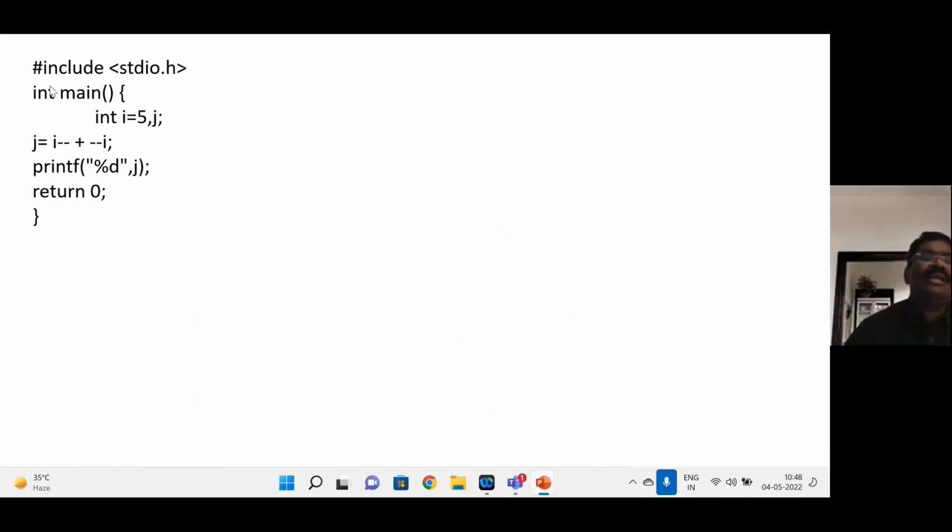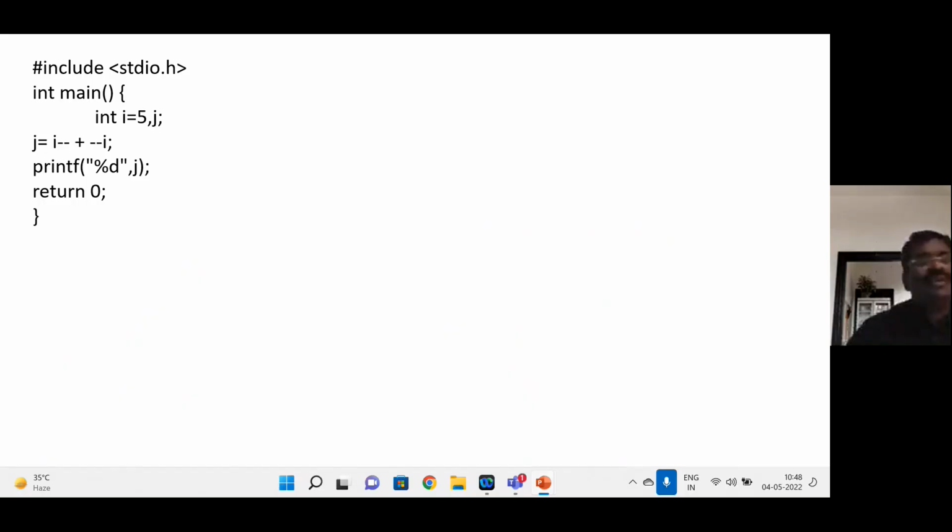You see another question: #include <stdio.h>, int main, int i is equal to 5, j is equal to i-- + --i. Here I am using one post decrement and another pre-decrement. So what is the output of this?